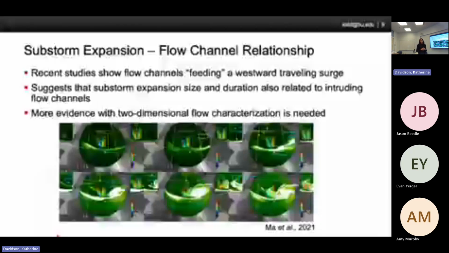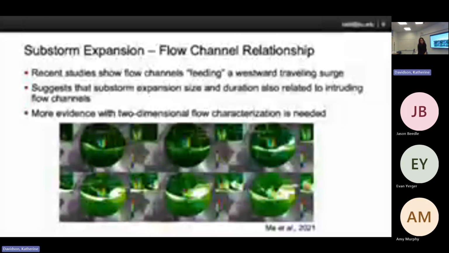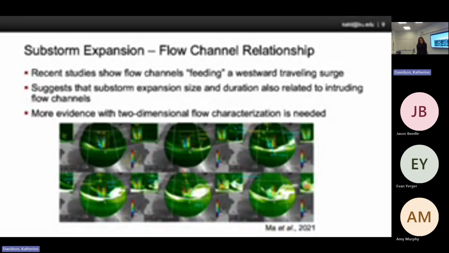So recent studies have shown that flow channels will feed a westward traveling surge. As you can see in this figure here, again, ASI images, just the aurora in white light. And this is Pfizer line of sight data. And you can see this is the surge associated with a substorm expansion phase.